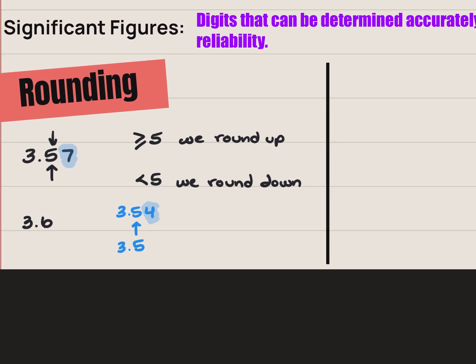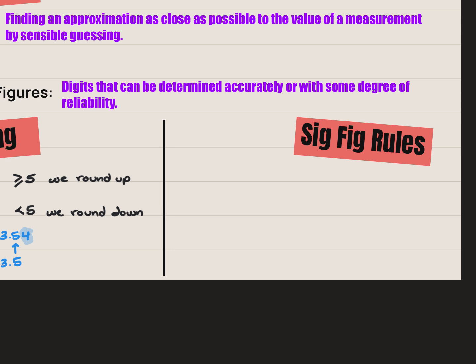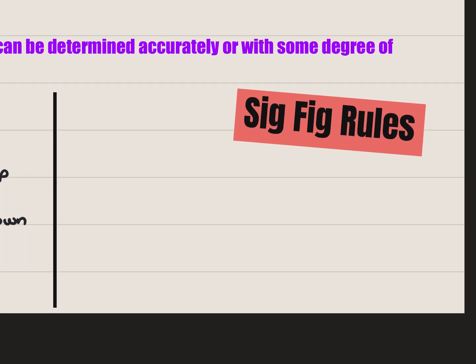For our sig fig rules, we're going to go through the different digits and what they represent. Our first rule for significant figures is that any non-zero digit is always significant.